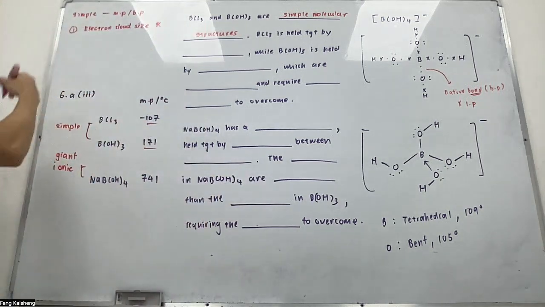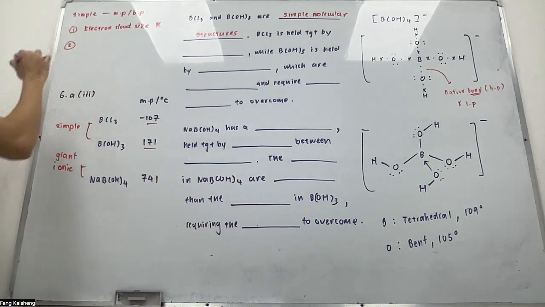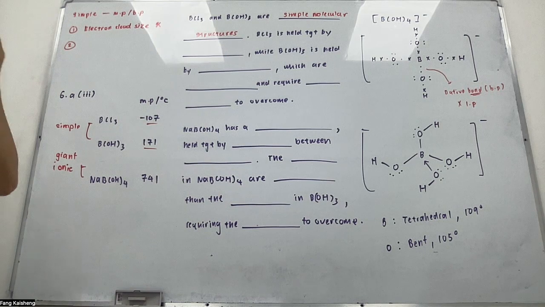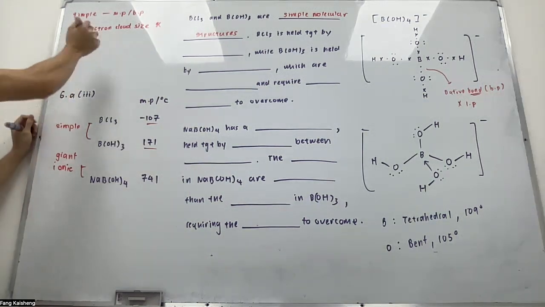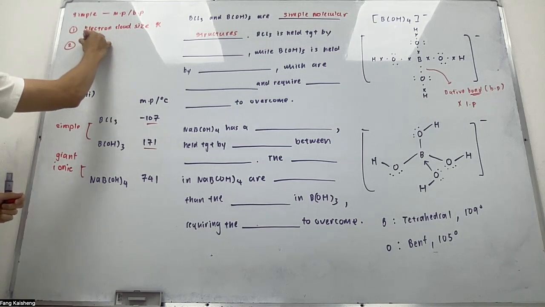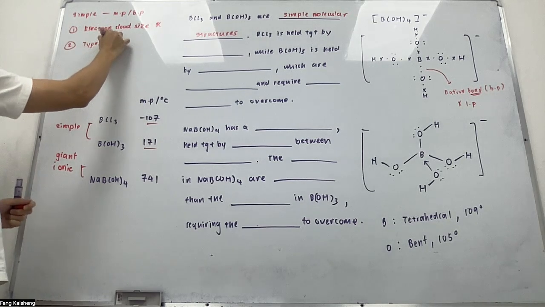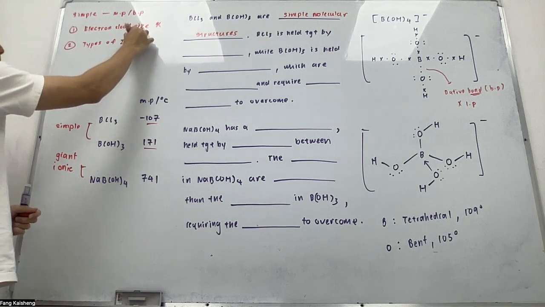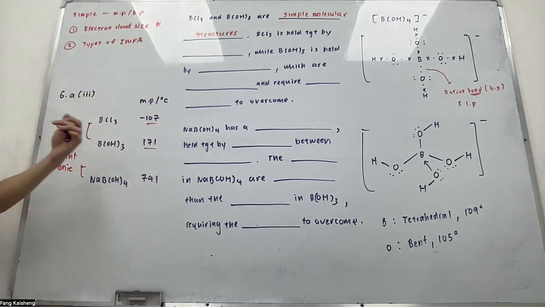But if this doesn't work out, then what's the next factor that we dive into? Nothing about charge, simple molecules have no charges. If we cannot compare size, then we talk about the types of intermolecular forces. Perhaps hydrogen bonds are stronger than PDB.